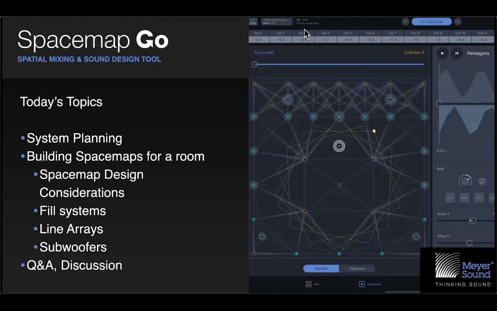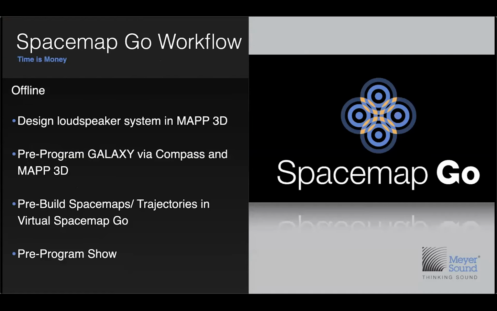So here we go. You can work offline with Spacemap Go, as we mentioned last week, and really you can do almost everything. You can design your sound system, then you can pre-label all of your channels, and you can do all of the boring work, as it were, of just labeling things and making sure you have things in the right order.